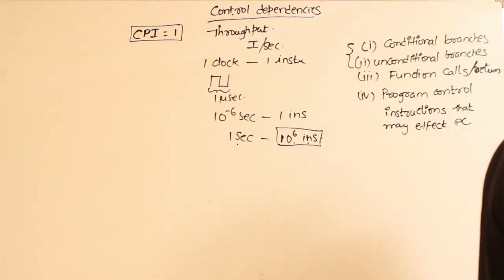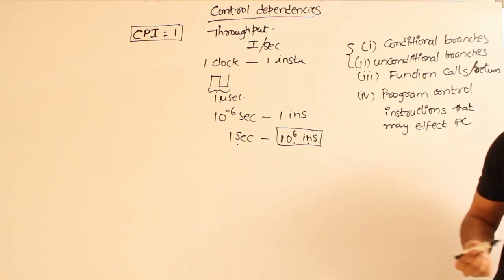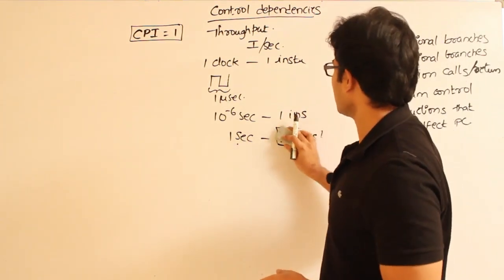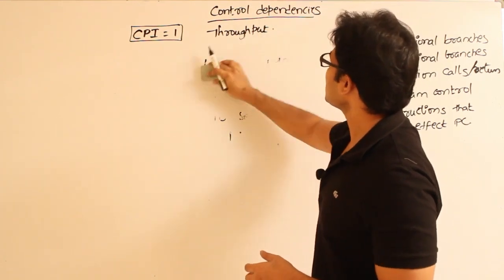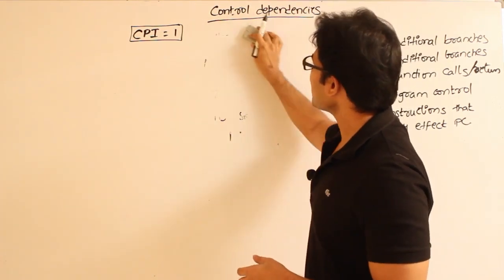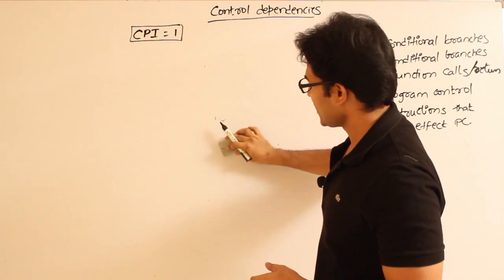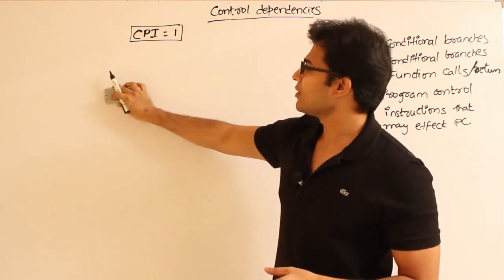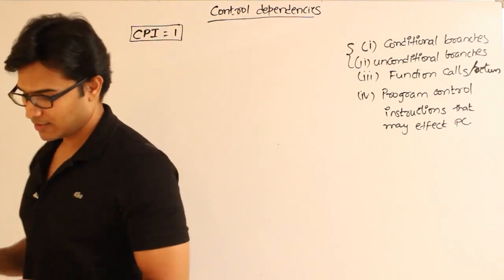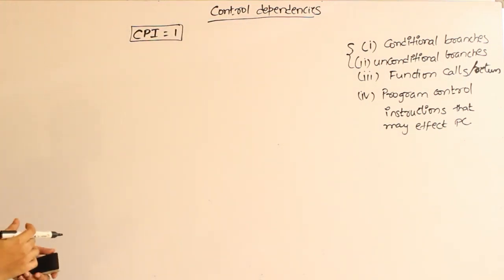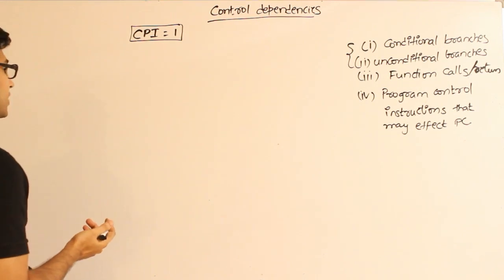We are talking about the conditional branches, this control dependency. Whenever there is a conditional branch or unconditional branch or any kind of branch instruction, we will not be able to achieve our goal. So what is the goal? To maintain CPI equal to 1. Now what is the problem? Why this is happening, you can think of it this way. Let's take an example.